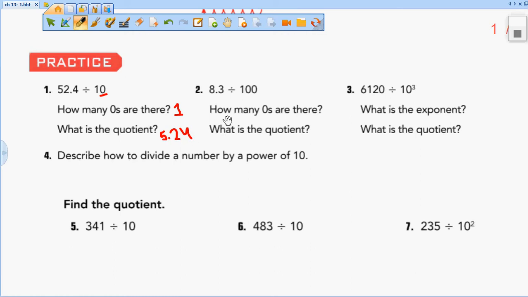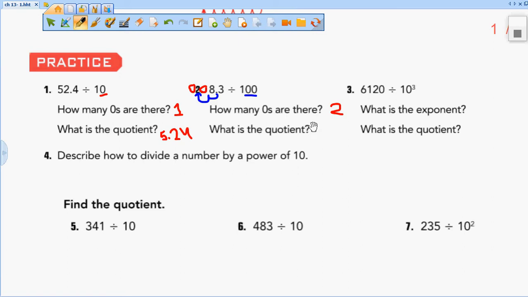5.24. And here 8.3 divided by 100. Here I have 2 zeros. But here the problem is I have only 1 digit to the left side, or I have only ones. I have to add zeros and move your decimal point depending on the number of zeros. 1 and 2, so it becomes here.